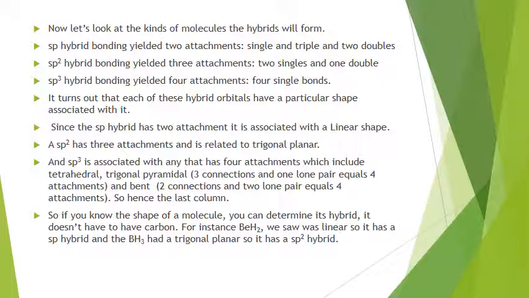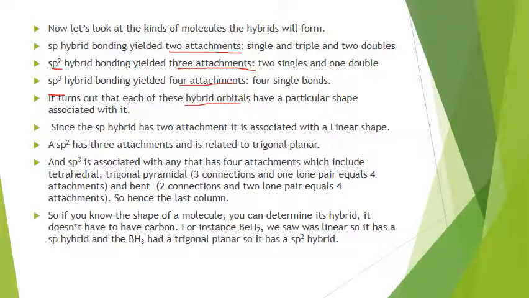Now let's look at the kinds of molecules the hybrids will form. sp hybrid bonding yields 2 attachments. Okay, sp2 will have 3 attachments, and they could be single bonds, double bonds, or lone pairs. sp3 will have 4 attachments, and they could be single bonds or lone pairs.